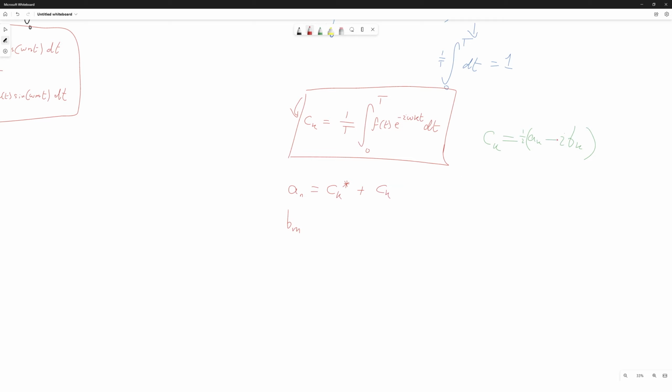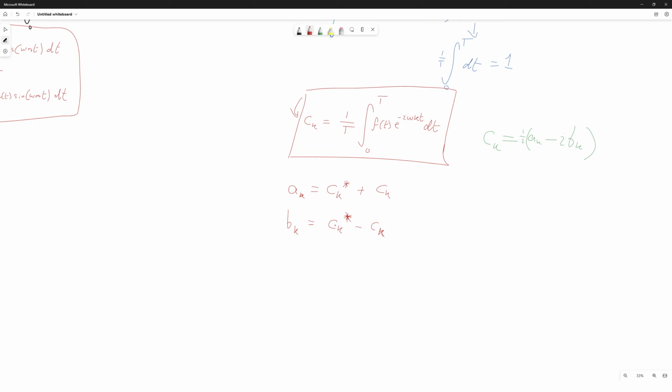And minus and plus cancel out, and we would have 2 times half a sub k, so this would just be a sub n. And now b sub k is the same thing, except instead of adding, we take the conjugate and then subtract this one.